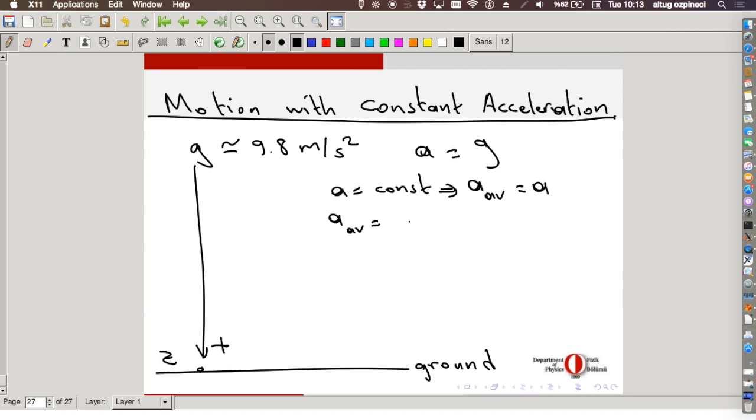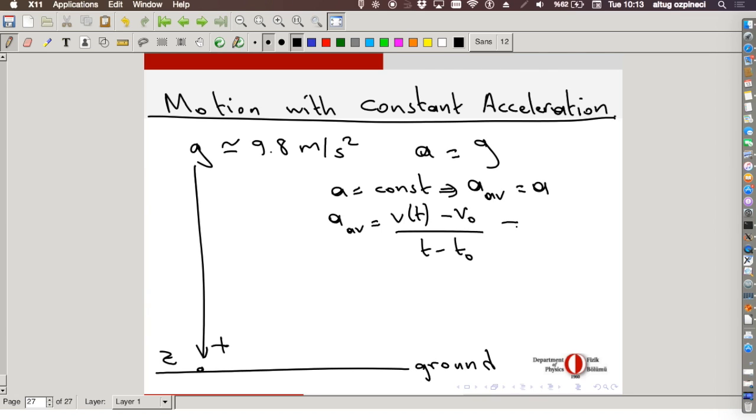It is equal to, let's say, the velocity at time t, whatever that time was, minus v0 divided by t minus t0. This is the definition of the average acceleration between the time t0 and t, but since the acceleration is constant, we already know that the average acceleration over any time interval will be the same as this constant acceleration.